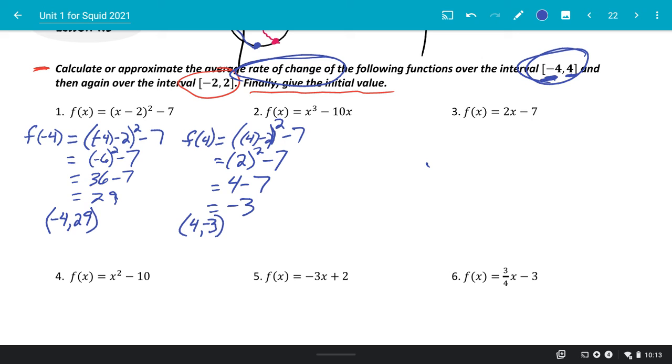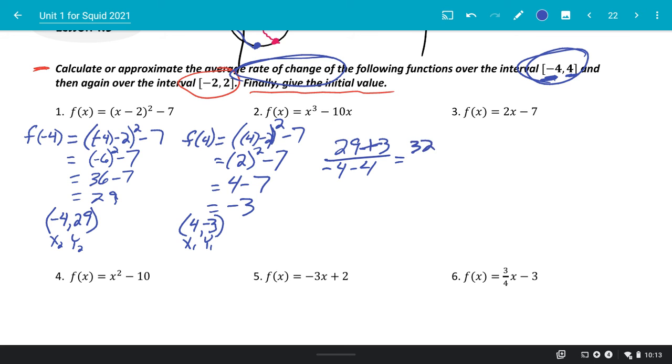How do I find the rate of change? Use the slope formula. I'm going to go x1, y1, x2, y2. So that would be 29 minus a -3 over -4 minus 4. Minus a negative becomes plus.